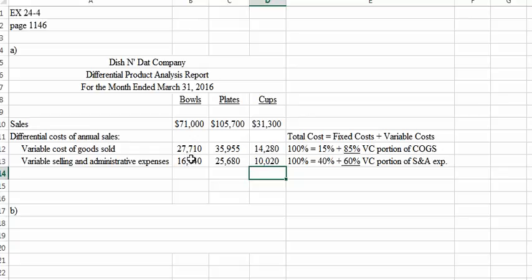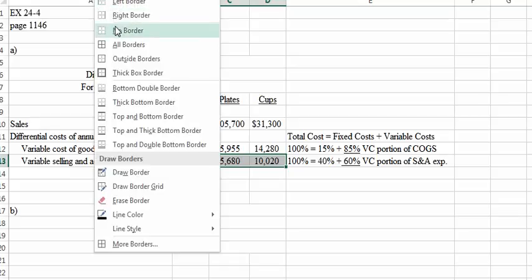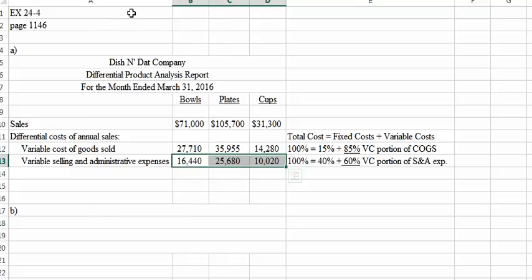Now let's total our differential cost of annual sales. I think I like this underlined better in this situation. And we can put one up here too that ended the revenue section.